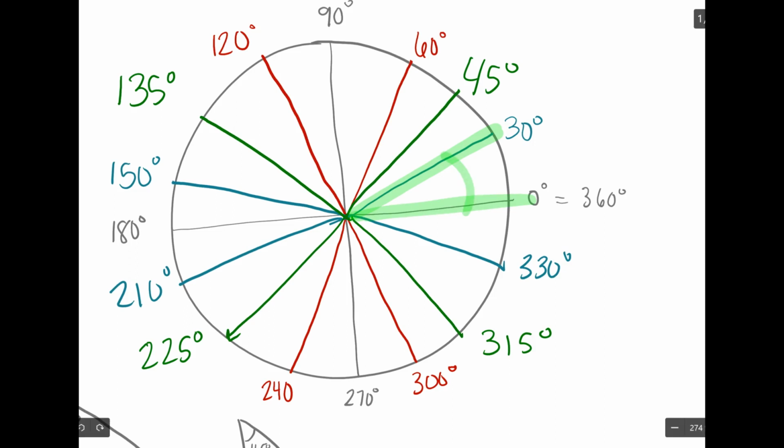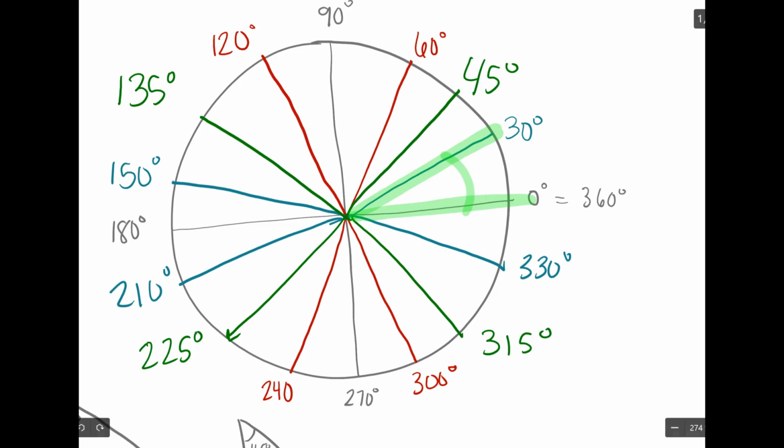Here, if I wanted to find the reference angle for 210, reference angles are literally, I have this angle that is more than 90 degrees. Is there an angle between 0 and 90 that is equivalent? So reference angles are equivalent angles. Instead of having to do sine of 210, can I do sine of something I know?